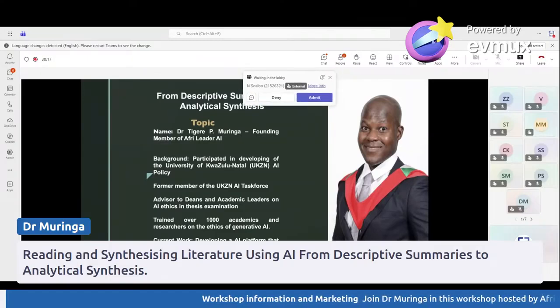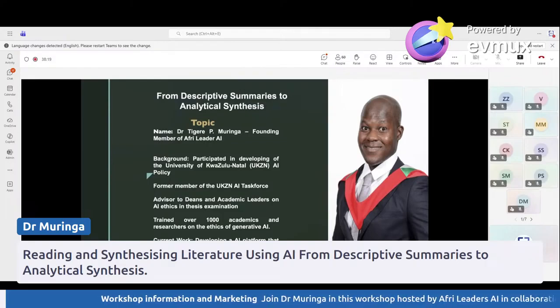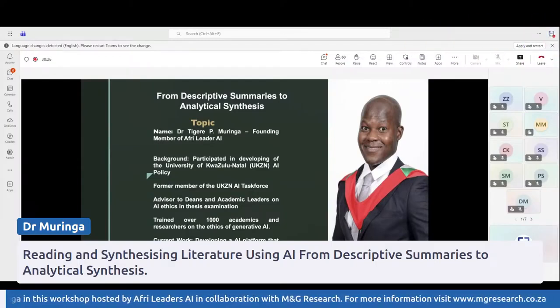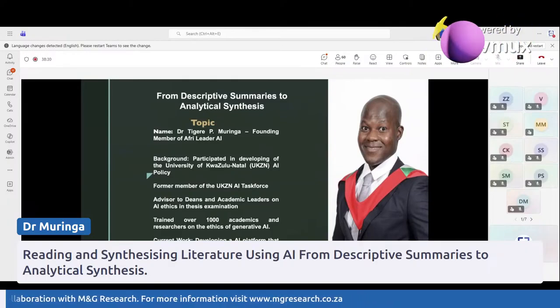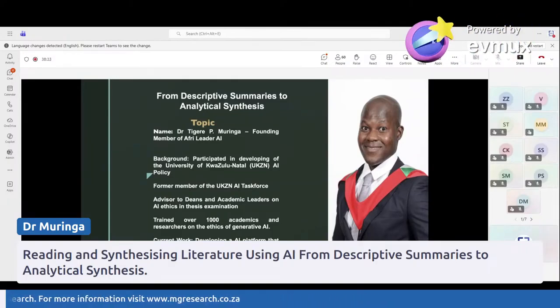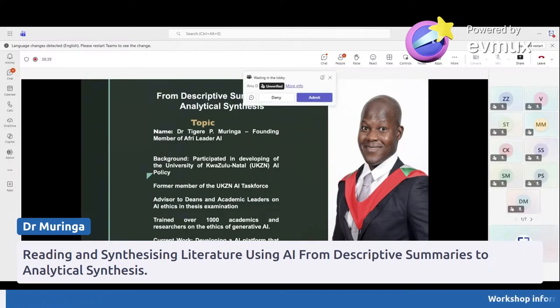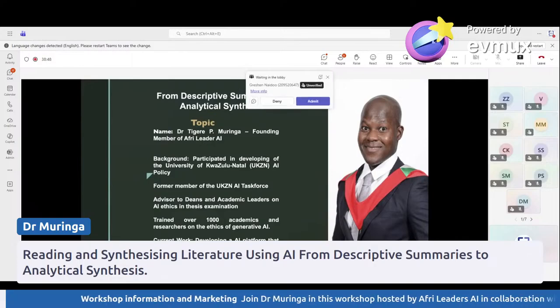I participated extensively in developing the UKZN AI policy, where I also put in my 6 cents. I'm a former member of the UKZN AI task force, where I was responsible for training deans, academic leaders, and postgraduate students in how to use AI effectively in an ethical manner.